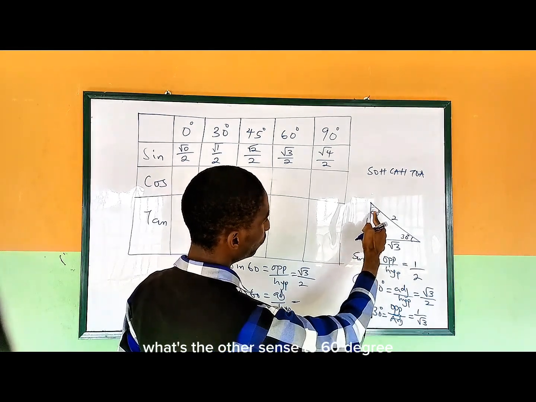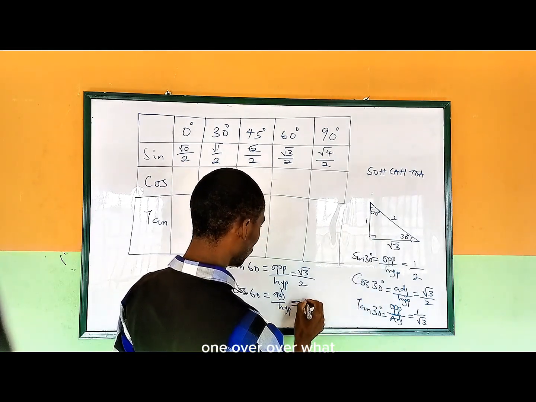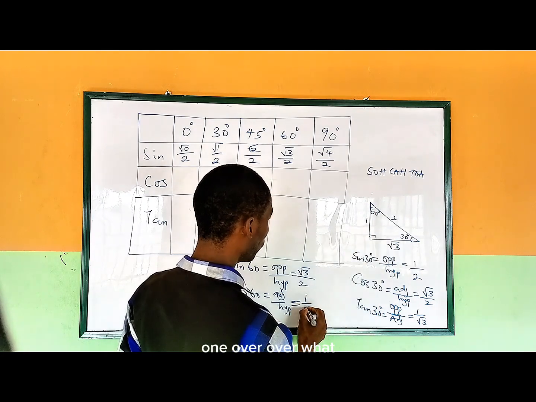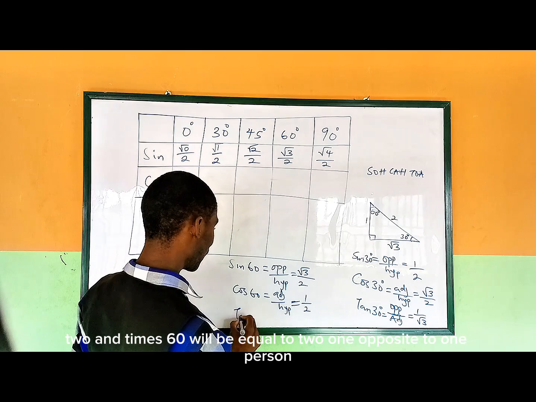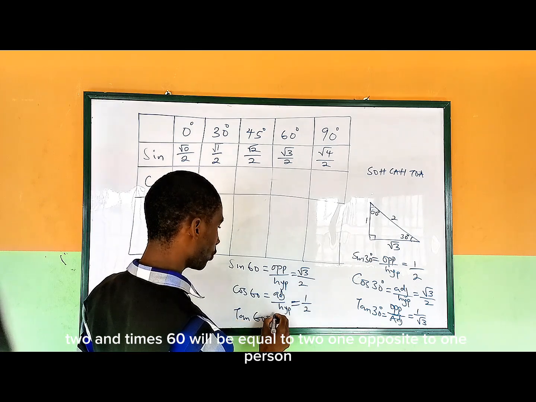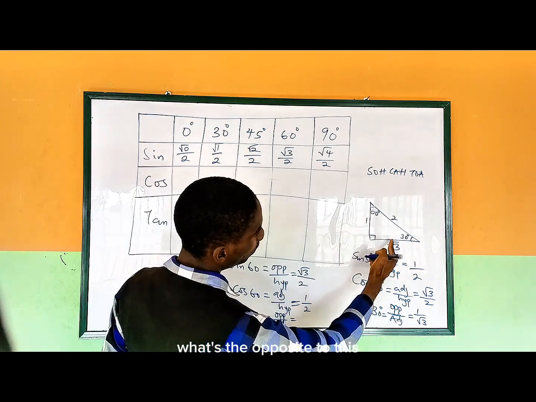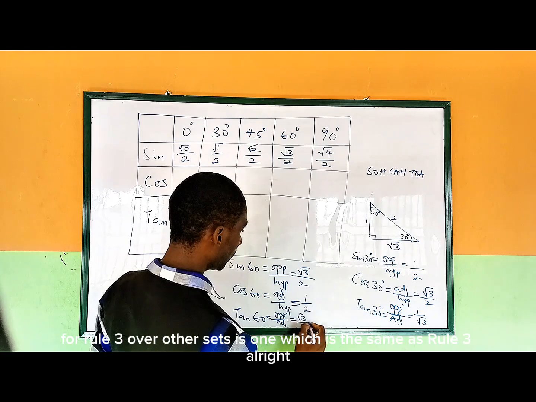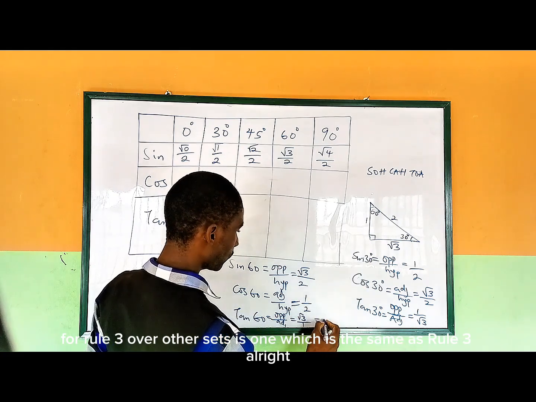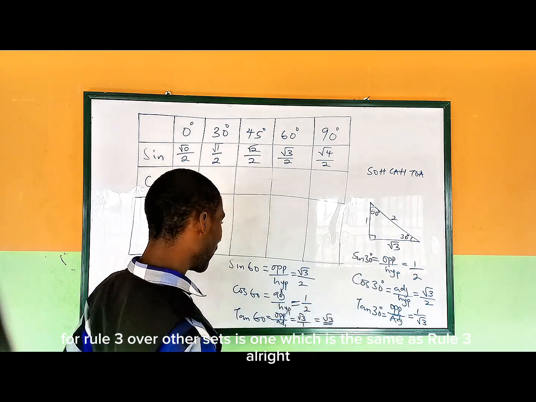What's the adjacent to 60 degrees? 1 over 2. And tan 60 will be opposite to adjacent. What's the opposite? Root 3 over adjacent, which is 1, which is the same as root 3.